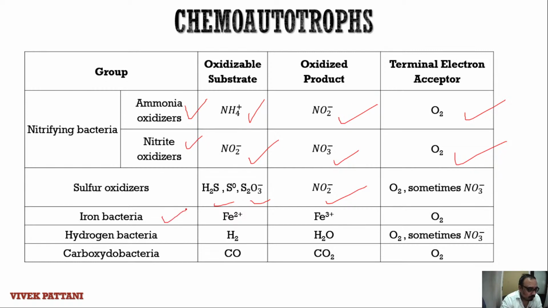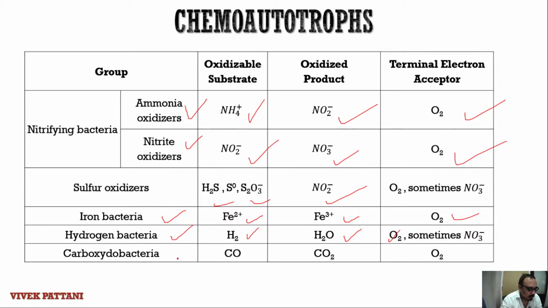Now moving forward with the iron bacteria, where Fe2+ will be the oxidizable substrate and the oxidized product will be Fe3+ and the terminal electron acceptor will be oxygen. Now the hydrogen bacteria: the oxidizable substrate will be hydrogen and the oxidized product will be water, and again similar to sulfur oxidizers, they may use oxygen or nitrite as a terminal electron acceptor.